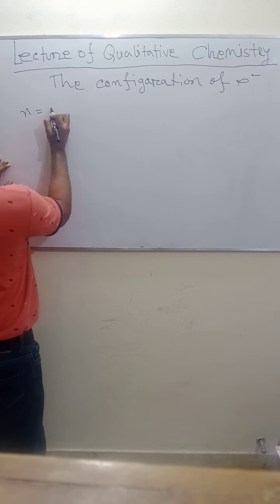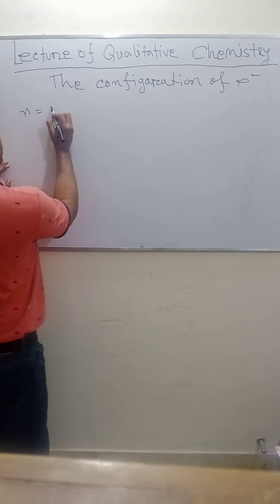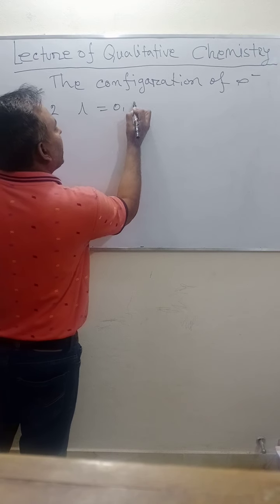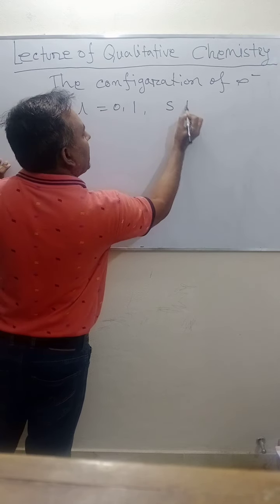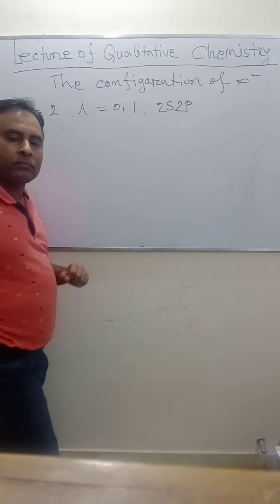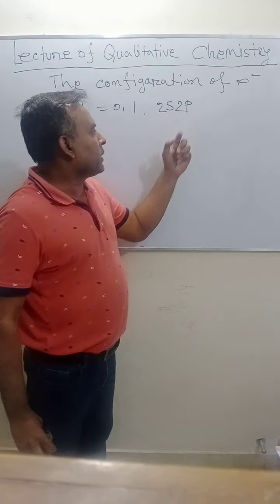When l equal to 1 and l equal to 0, that means S and P. Clear? That means 2S, 2P.